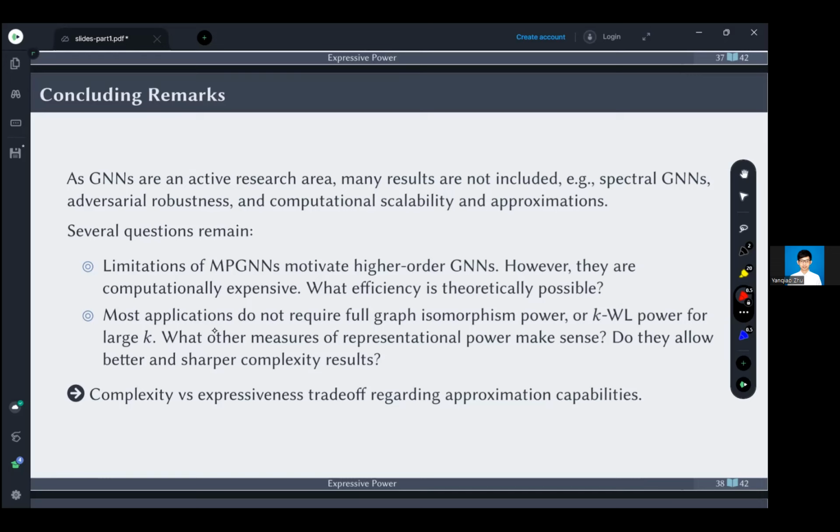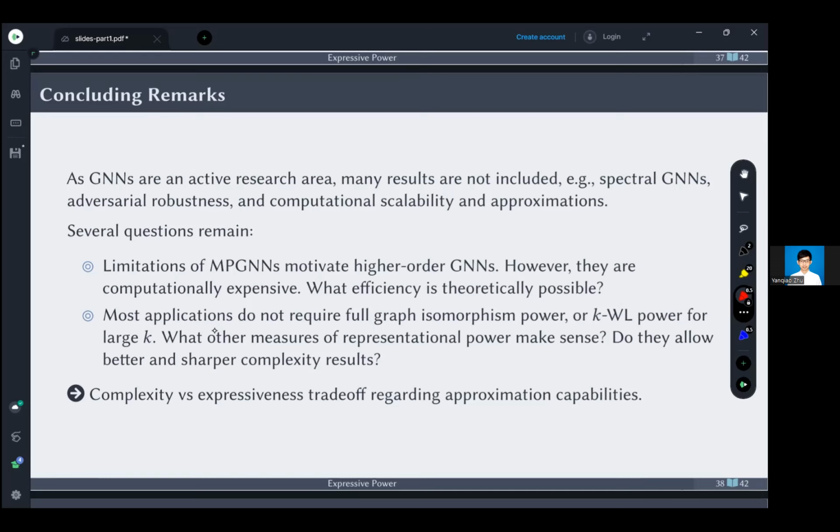And the second problem we can think about is that most real-world applications do not require full graph isomorphism power. That means that in some real-world cases, even if the two input graphs are isomorphic to each other, you have different node features, and their labels will perhaps be different.